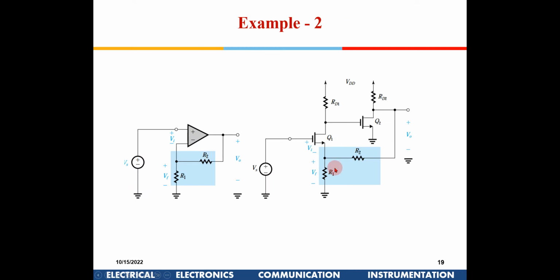Now see here. Tell me, are we sampling voltage or are we sampling current? Forget about this circuit, let's concentrate here. Voltage, right? We are sampling voltage. All are in agreement. What is beta?